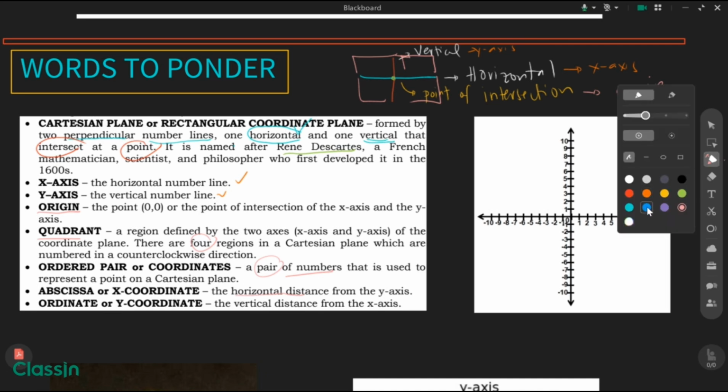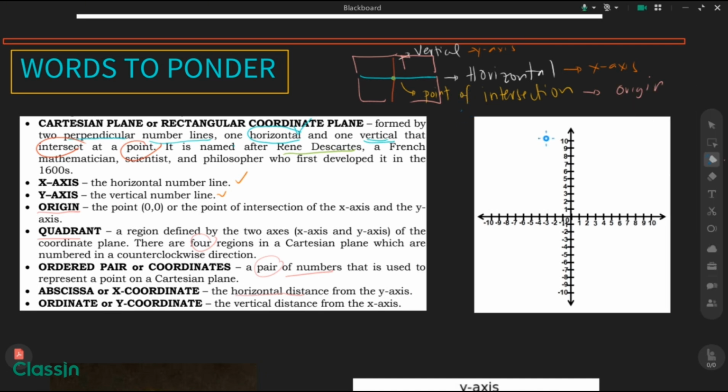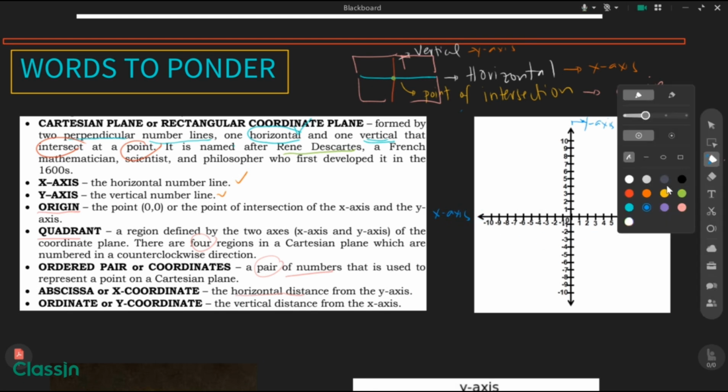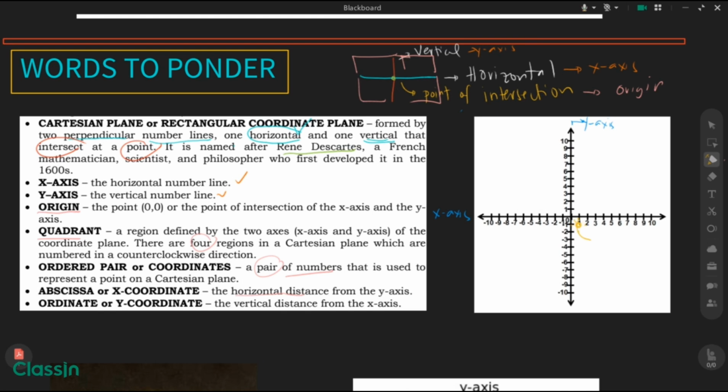Okay, so let's sum up all the terms that I have read. So this is the Cartesian plane or the rectangular coordinate plane. And the vertical number line is called y-axis. And the horizontal is called x-axis. And we have the origin, which is the point of intersection. This is the origin (0, 0).